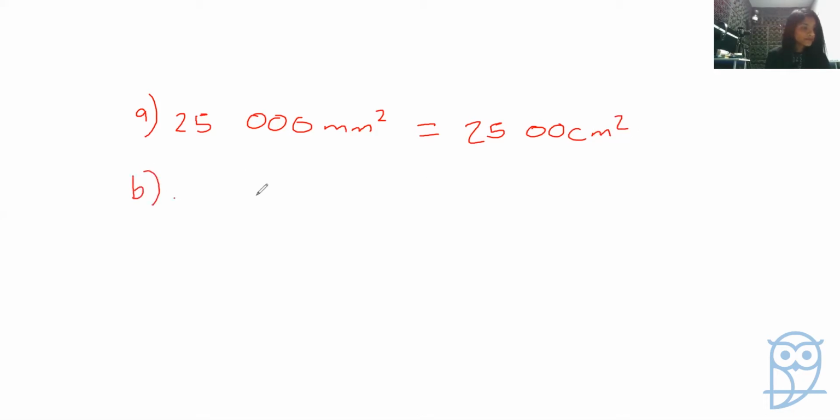Moving along. If I have 8 centimeters squared and I need to convert that into millimeters squared, what do I do? I'm going to multiply by 100. And if I multiply it by 100, my answer should be 800 millimeters squared.